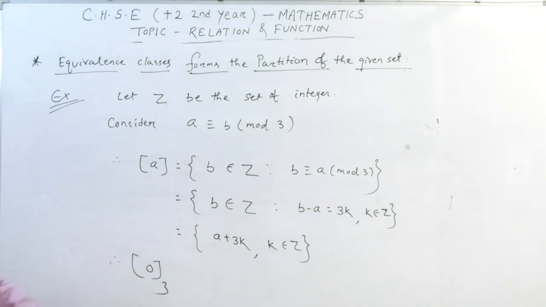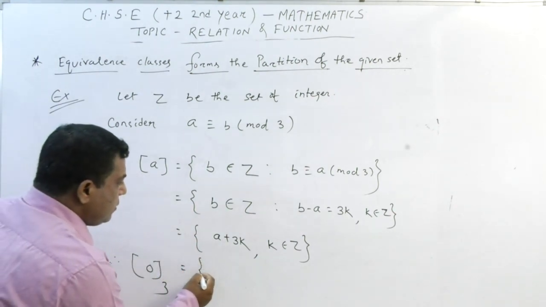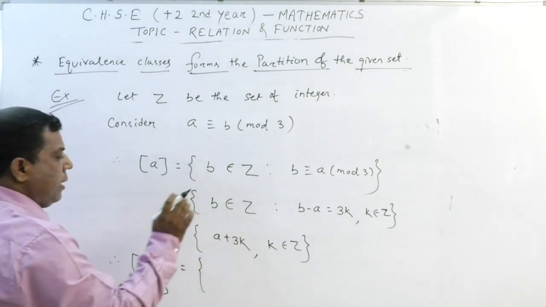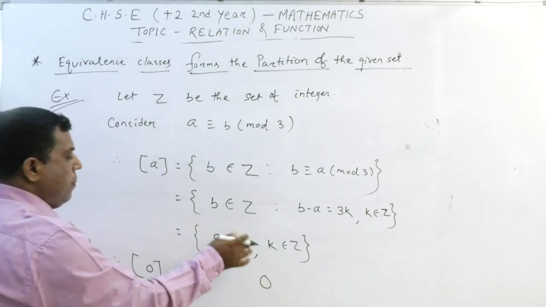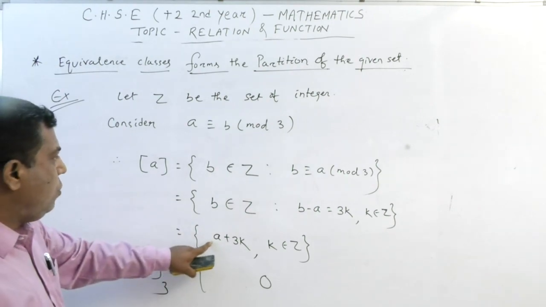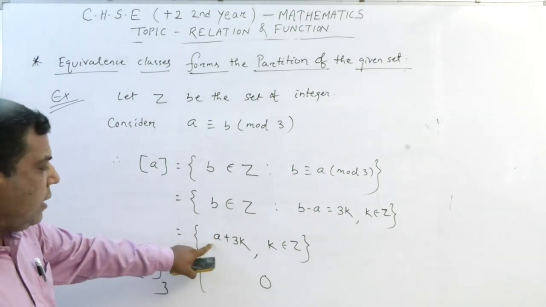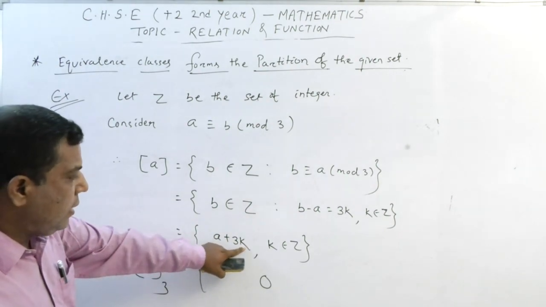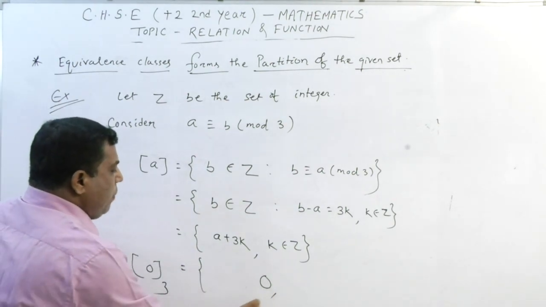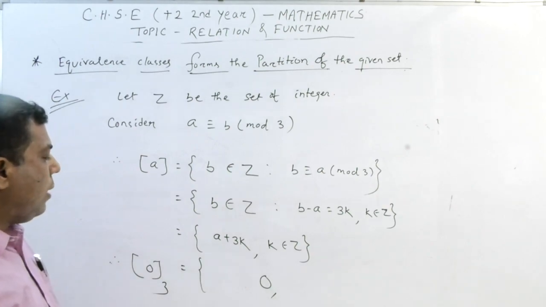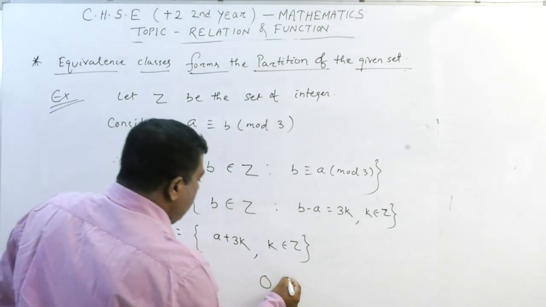With which elements is it related? You see, if I put k equal to 0, I will get 0, because a is taken as 0 here. So 0 plus 0 is 0. If I put k equal to 1, what do I get? 3.